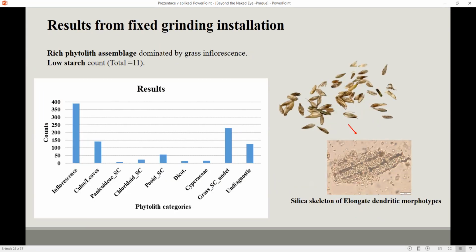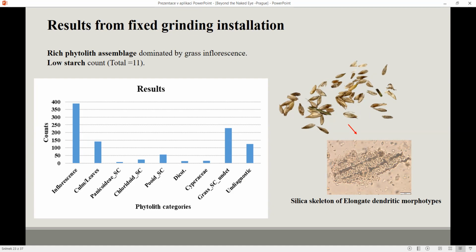Regarding the results from the fixed binding installation, it was very surprising to see a great amount of phytoliths, with all samples reaching 250 single phytolith counts, dominated by inflorescence of grasses, in this case wheat and barley.